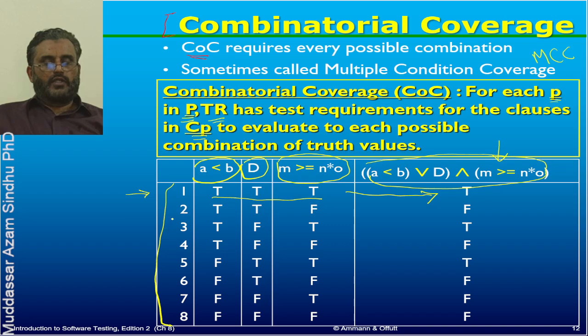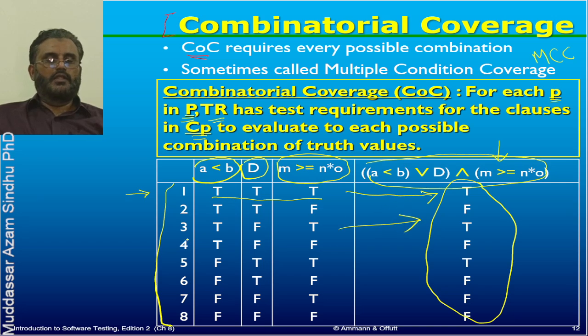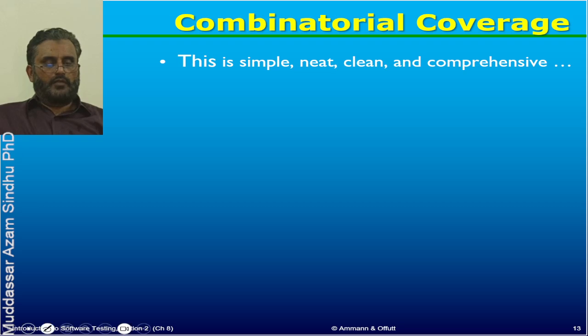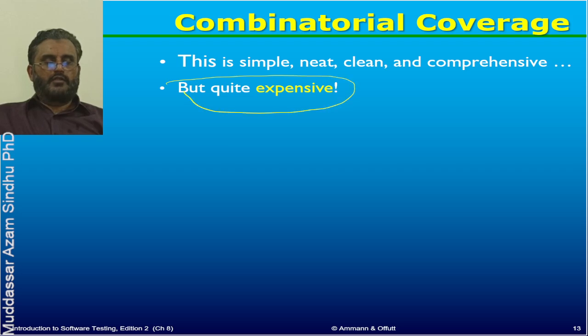This looks quite cool because we have exercised all the possible values of the clauses, and we know what values the predicate is going to have on all these combinations. But even though this looks simple and elegant, this criterion also has a problem. What is that problem? It can be quite expensive. Why? Because you require 2 raised to the power n rows in the truth table, where n is the number of clauses in the predicate.